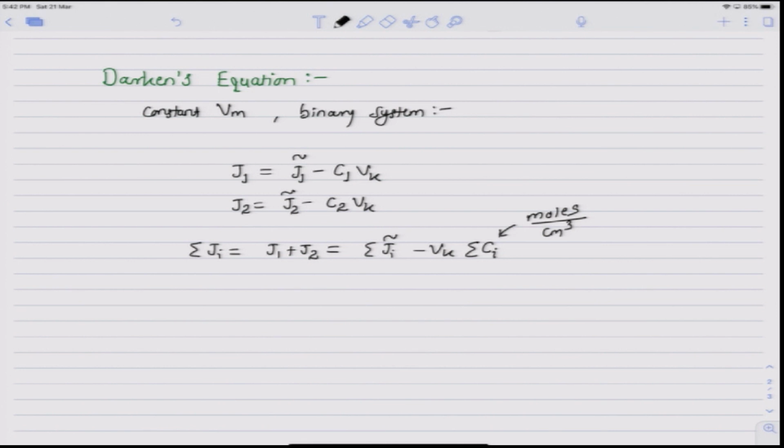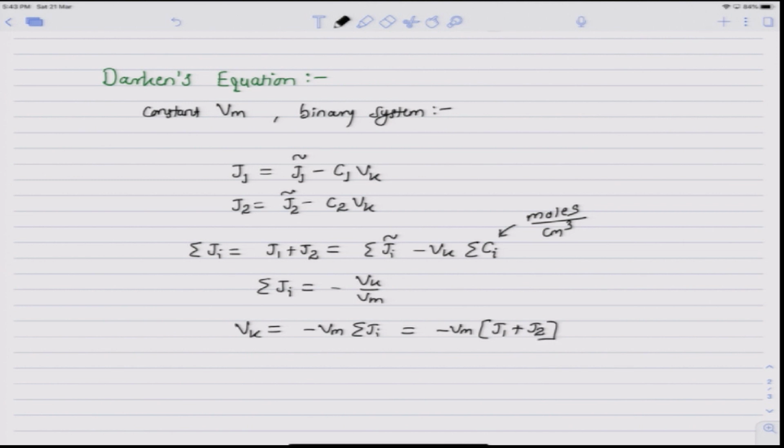So the summation of Ci will be total number of moles per centimeter cube, which is equal to the inverse of molar volume. So we can write summation of Ji is equal to minus Vk over Vm, or the velocity of the Kirkendall frame of reference can be written as Vk is equal to minus Vm times sigma Ji. For binary, this would be minus Vm times J1 plus J2.